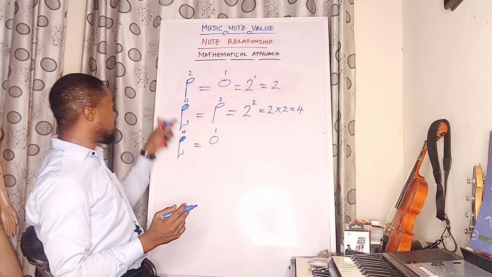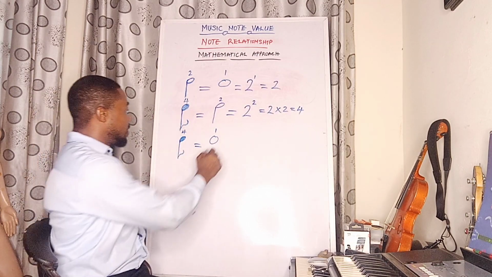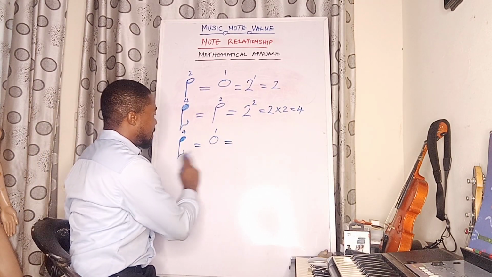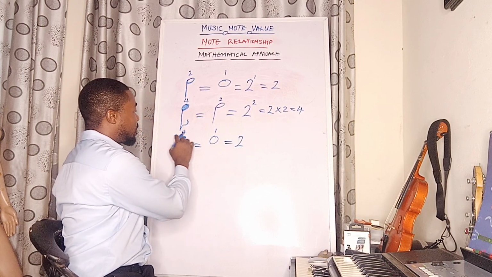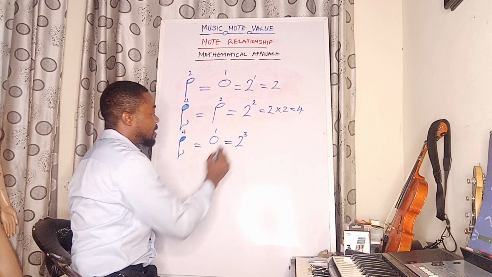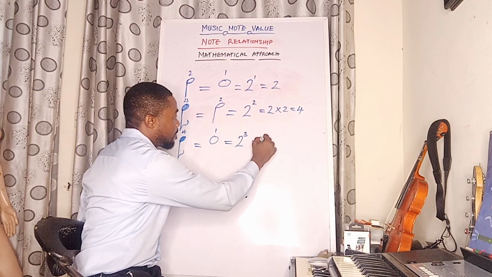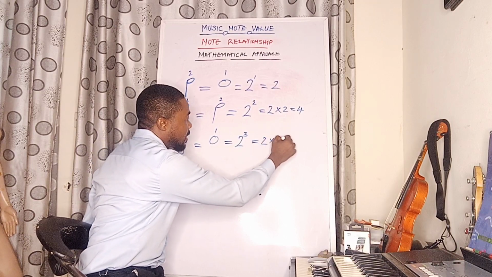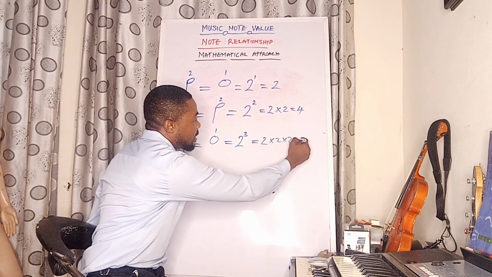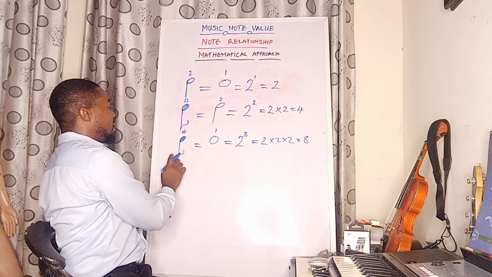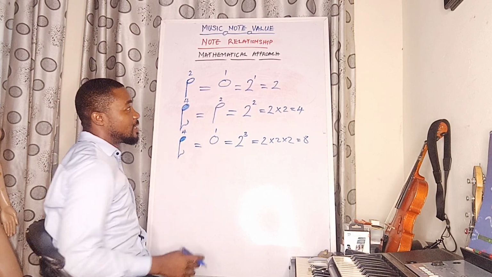Yeah, 4. We've done this before. 1, 4. We are dealing with 2 different notes, so 2 is our constant. So 4 minus 1, we have 3. So that's raised to power 3, which gives us 2 times 2 times 2. That is 2 times 2 is 4, 4 times 2 is 8. Which means we have 8 of these notes in this.